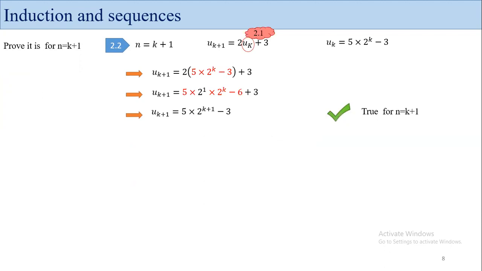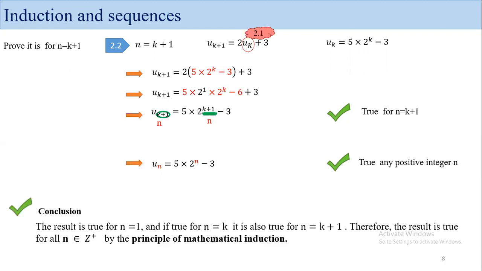So we can conclude that if the result is true for n equal k, it is also true for n equal k plus 1. Therefore, the result is true for all positive integers n by the principle of mathematical induction.